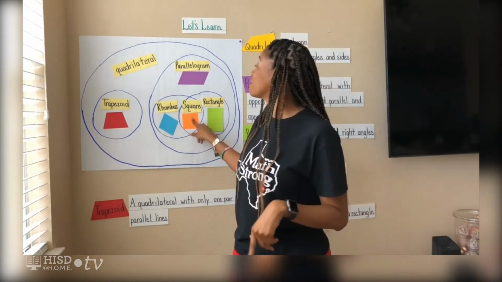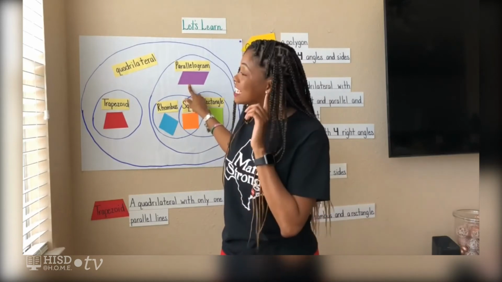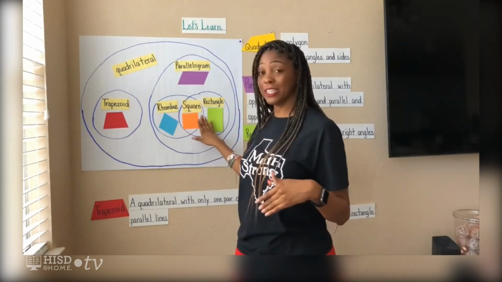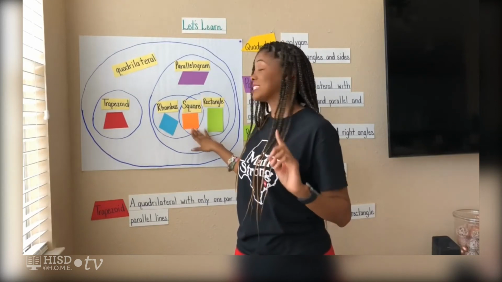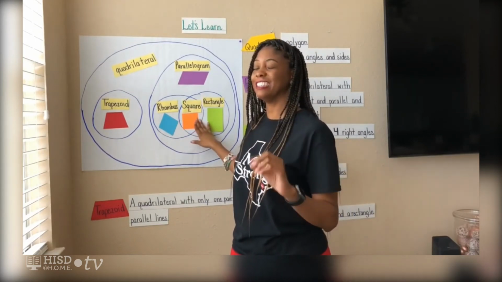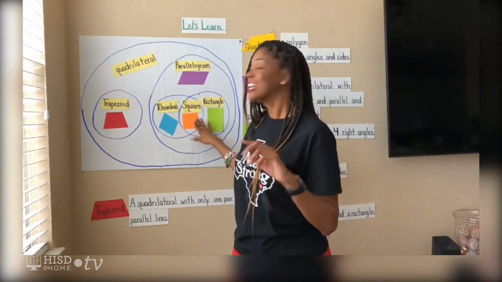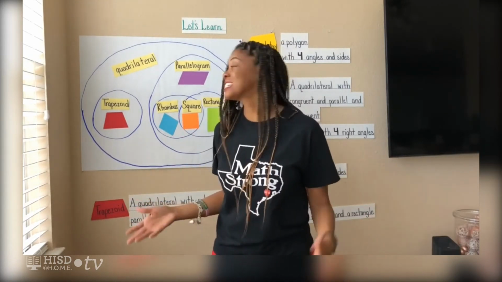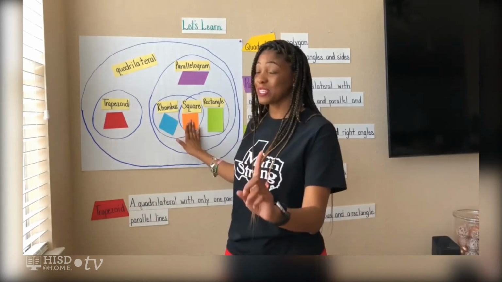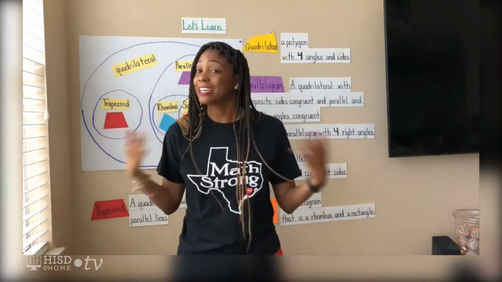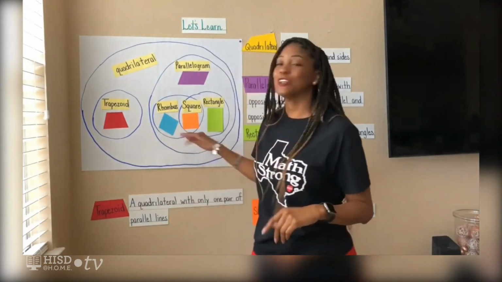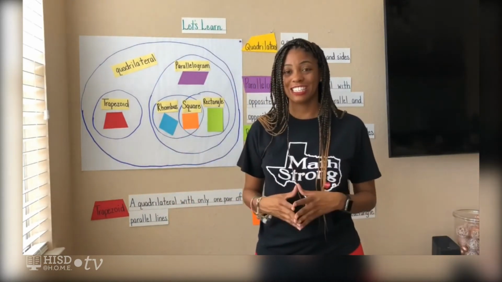But a square can also be called a parallelogram because it has opposite sides that are congruent and opposite sides that are parallel. Yes. And opposite angles are congruent. We got this. So a square can also be called a quadrilateral because, yes, it has 4 sides and 4 angles.